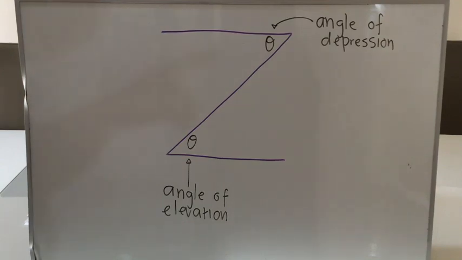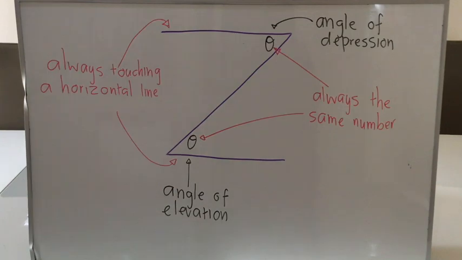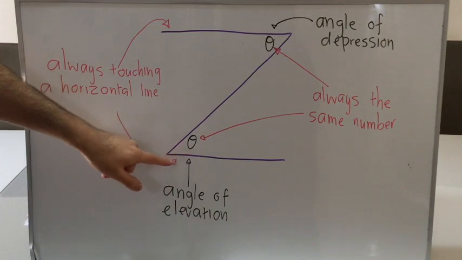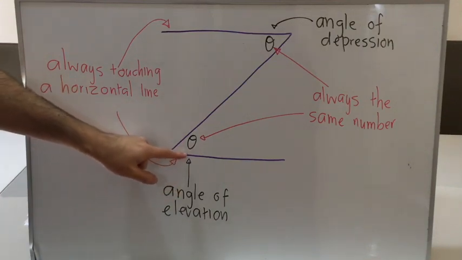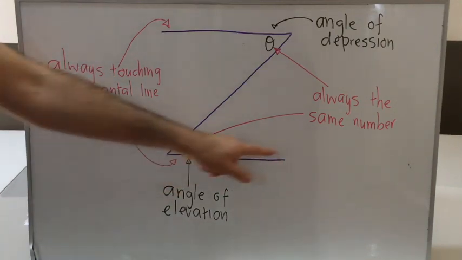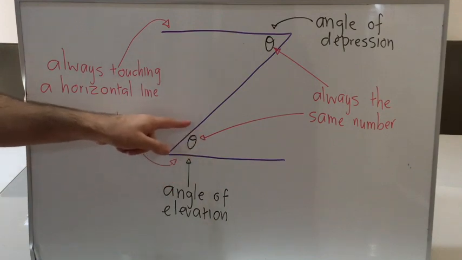I'm going to add two more bits of info to your diagram that I want you to copy down as well, please. While it won't sound very important or might not make a whole lot of sense yet, it will make more sense when we start doing the questions. What's important to know is, whenever you're doing your angle of elevation, you start at a horizontal line and you move upwards.